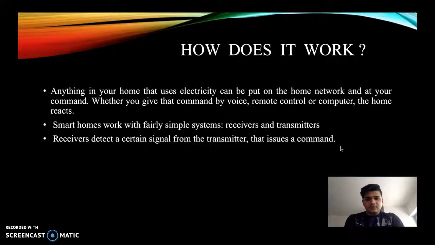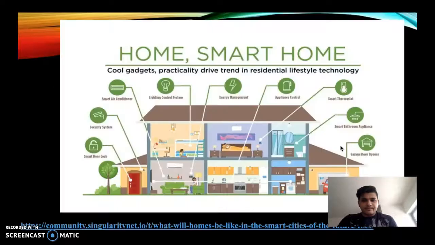Smart homes work with fairly simple systems: a receiver and a transmitter. Receivers detect a certain signal from the transmitter that issues a command. Here is the picture of the smart home.